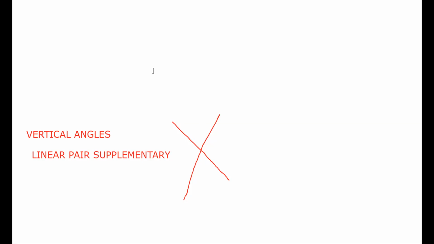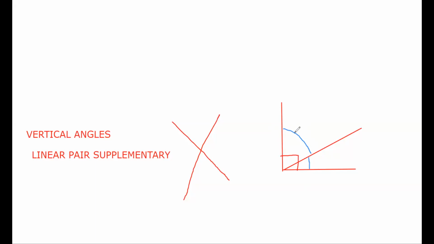For the other pair of angles that you might find, but it's not here, what if I have a shape like this? And I told you that this angle is exactly 90 degrees. Can you see that this big angle is actually formed by these two angles, this and this, right?